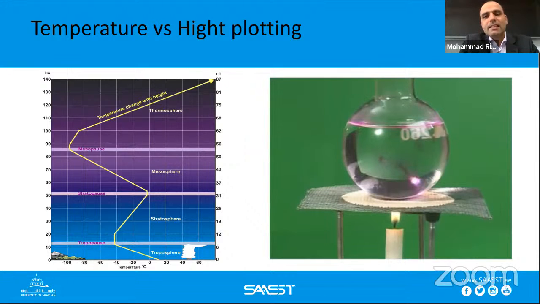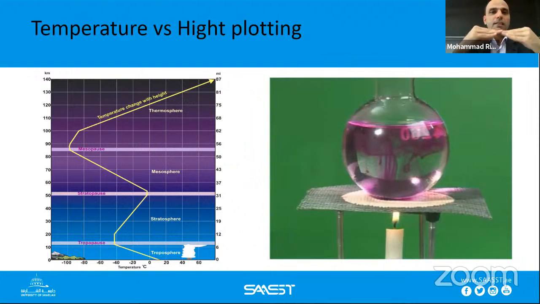So when we see this video, or this animation, we can see why scientists divided the atmosphere into these several layers. Why didn't they classify the atmospheric layers as one or two layers? The answer is that temperature dominates the classification of the atmospheric layers.